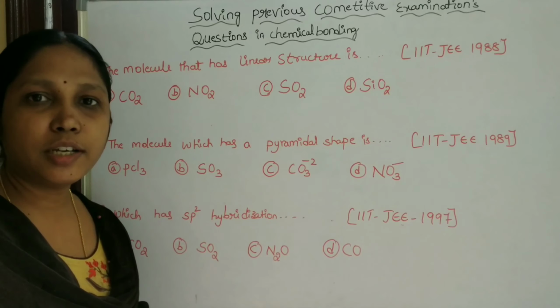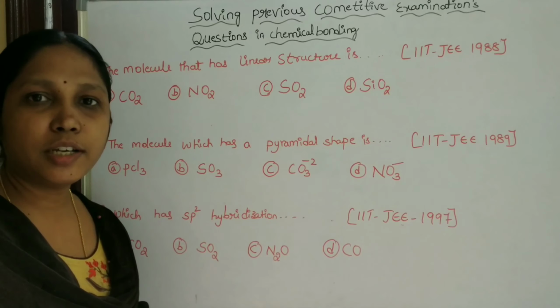The surrounding atom is oxygen. What is the valency of oxygen? The valency of oxygen is 2. It combines with 2 electrons and forms 2 bonds. How many oxygens are there? 2 oxygens are there.